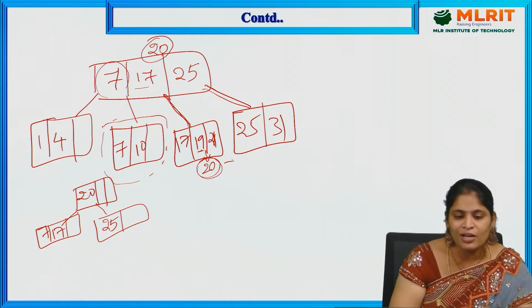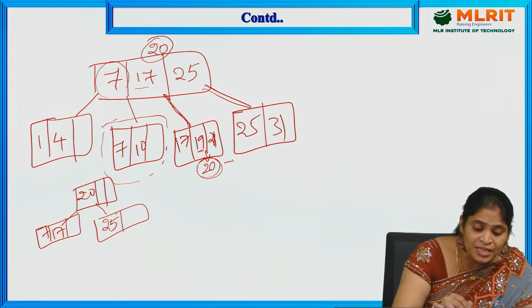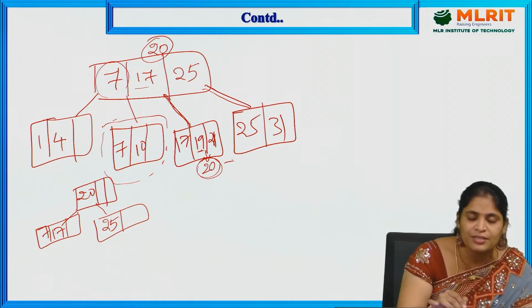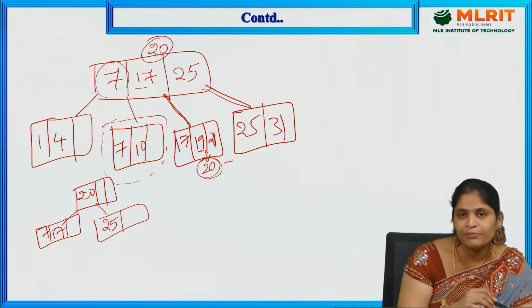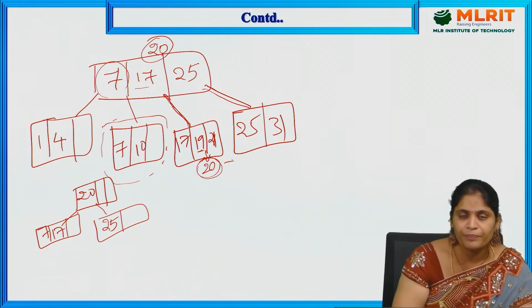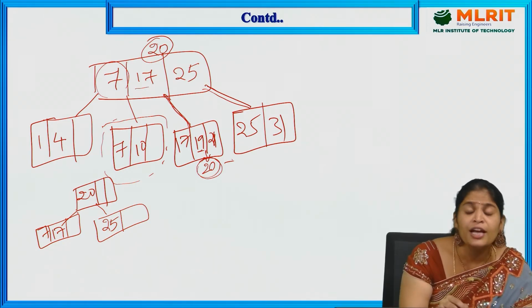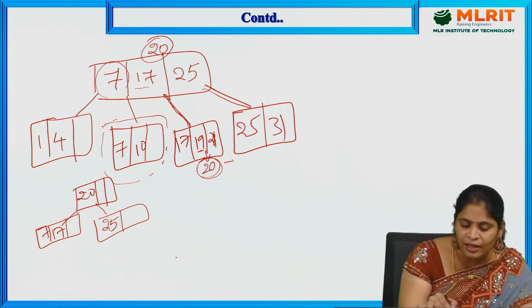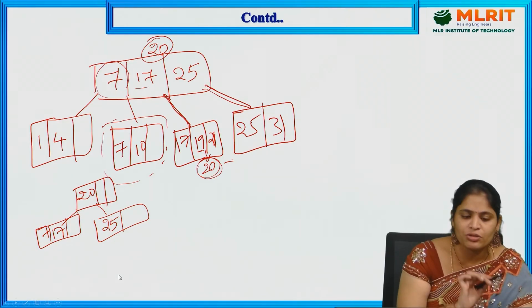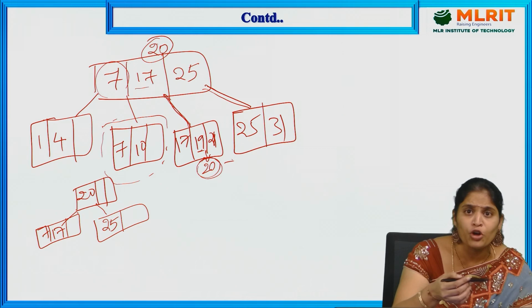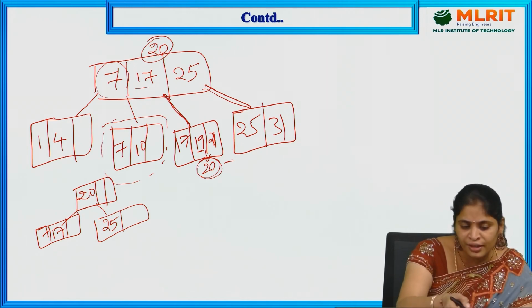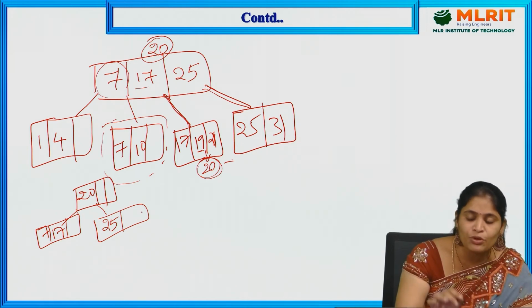Why? Because this is an internal node, right? This is not the data leaf, that means the actual record. It acts as a pointer. Actual records must be kept in the last leaf nodes. So that is the reason I may not insert the value 20 here, because this node is an internal node.